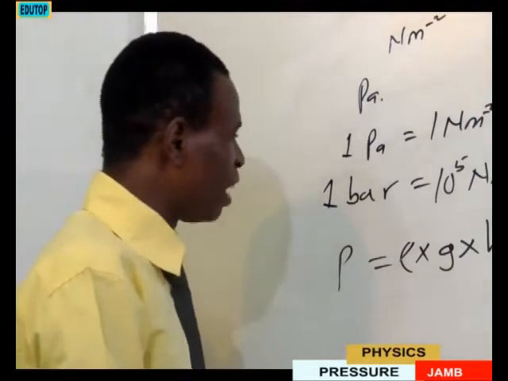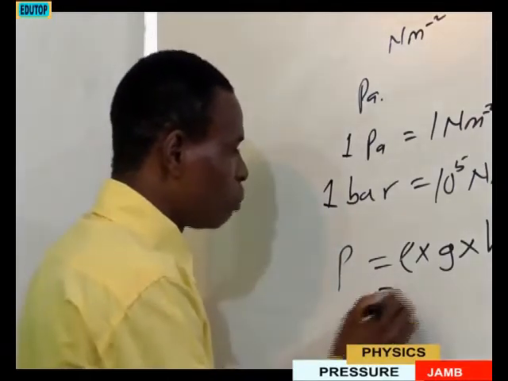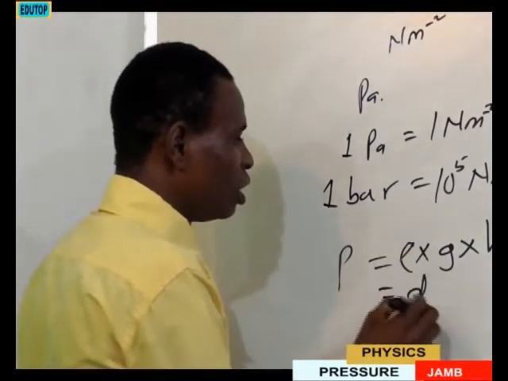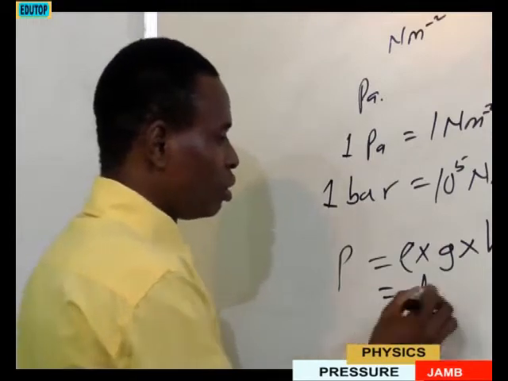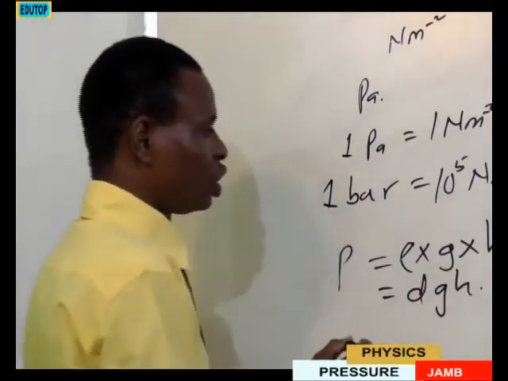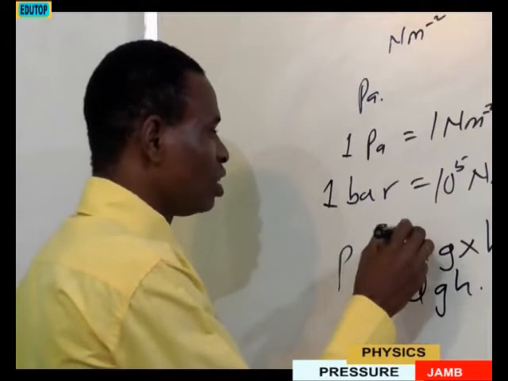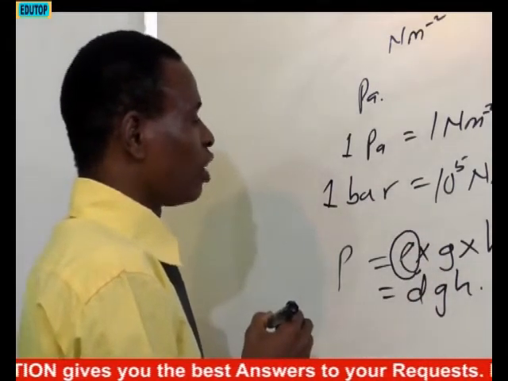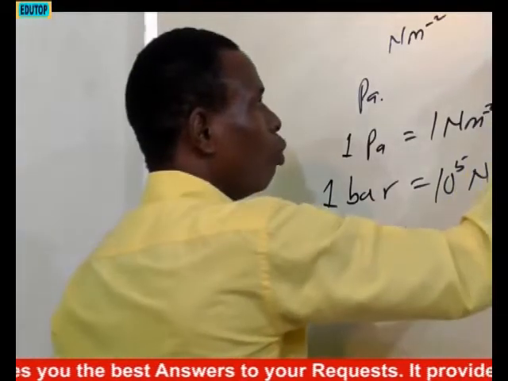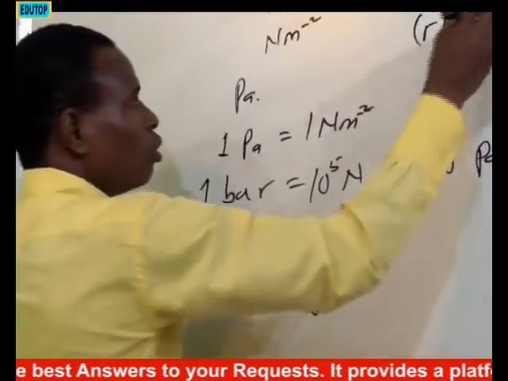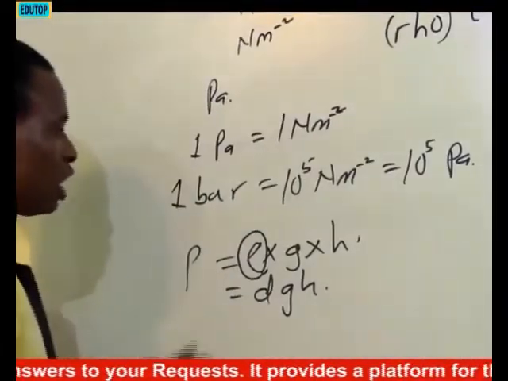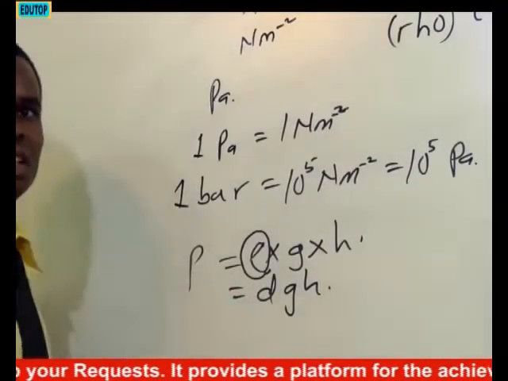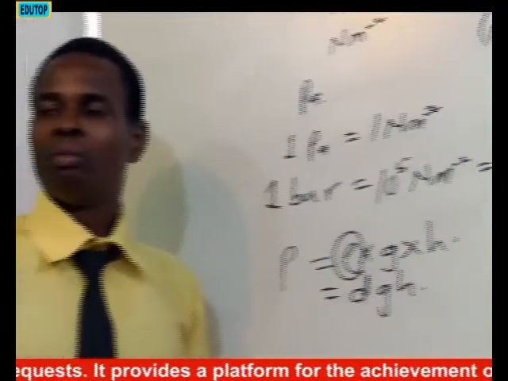All this has a value, and if you like, the density can be your normal D, G, H. But there is a particular symbol used for density. You call it rho. So that you have this or you have D, it's still the same thing.